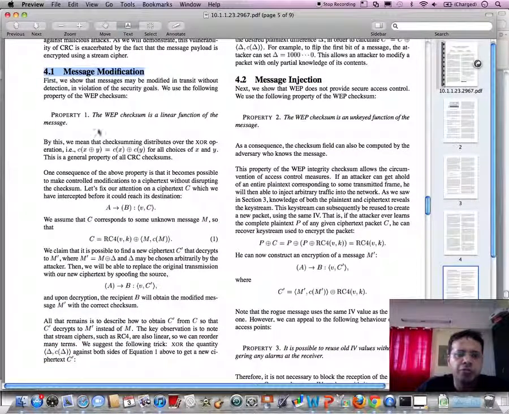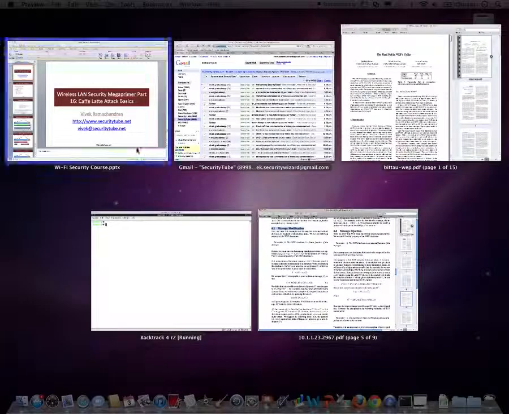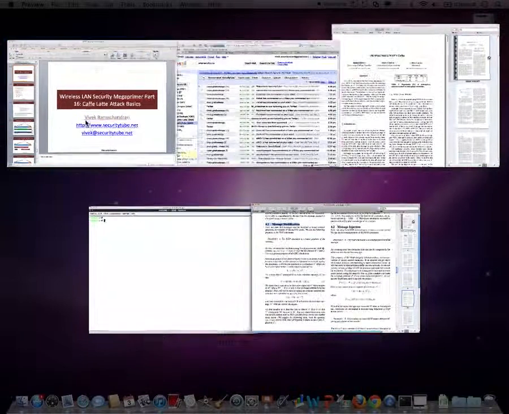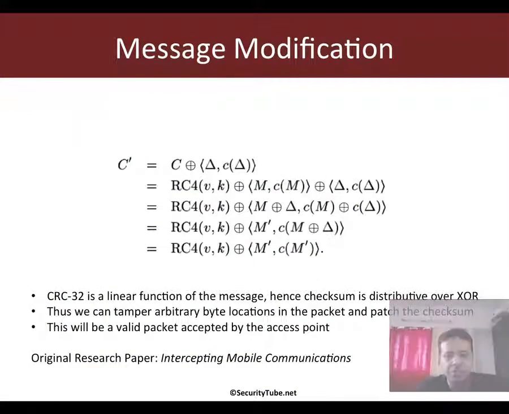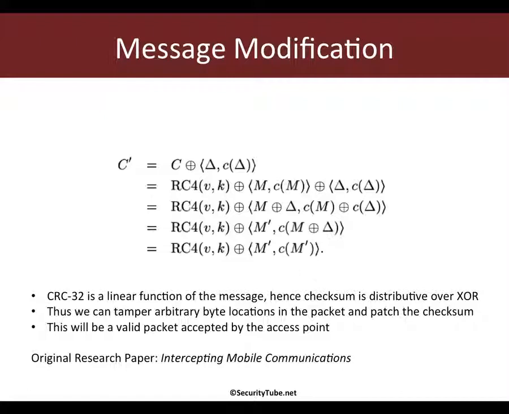Now, there's a bit of math here, and we'll come back to these slides to understand some aspects of that math. If you remember, we had said that the WEP checksum inside the WEP packet, the ICV, is actually a CRC32 checksum, right? Now the problem really is that the CRC32 is a linear function of the message, and hence the checksum is distributive over the XOR operation.